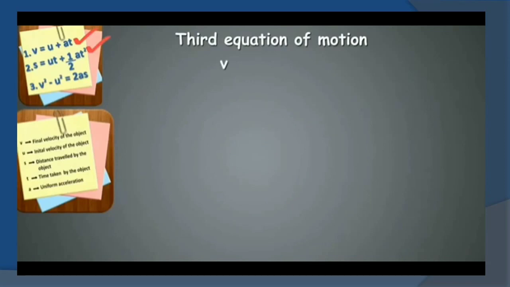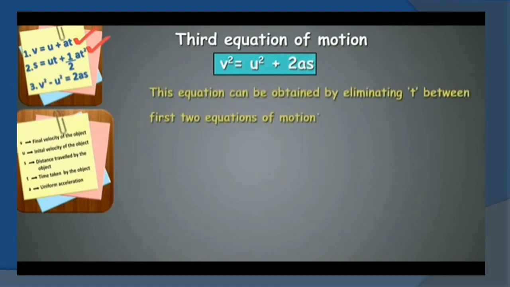Now the third equation of motion, and that equation is v square is equal to u square plus 2as. This equation can be obtained by eliminating t between the first two equations of motion which we have just derived. So what can we do to derive this?